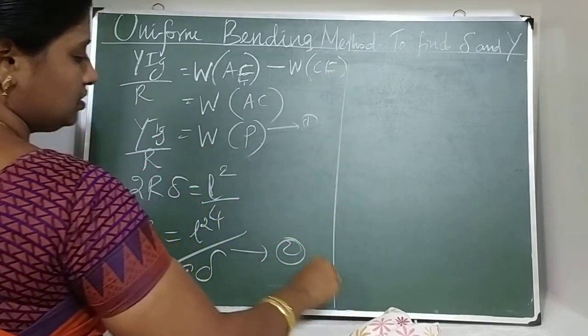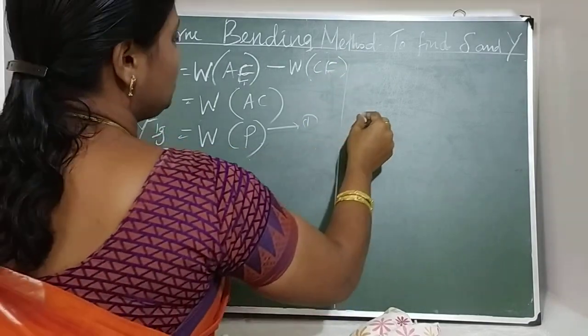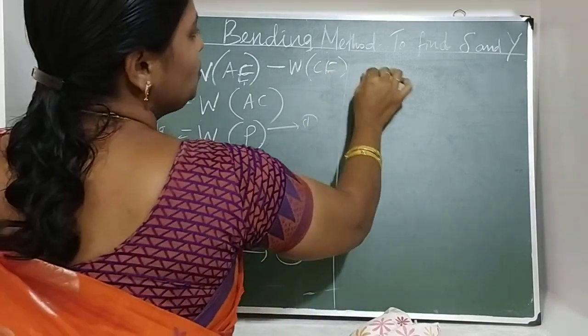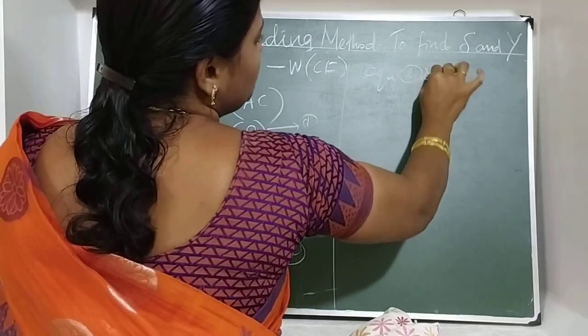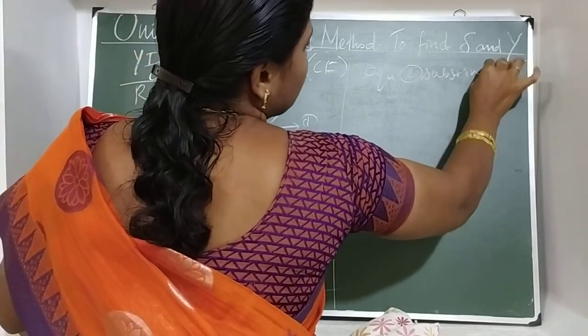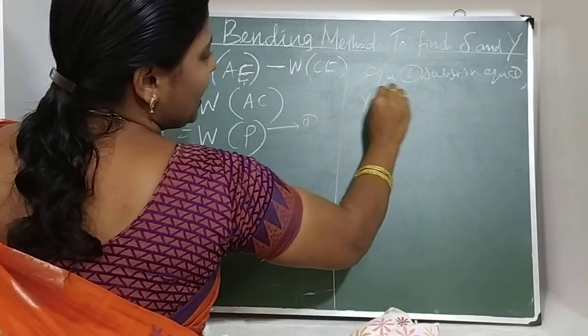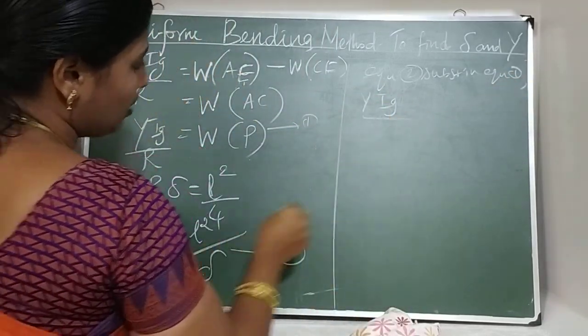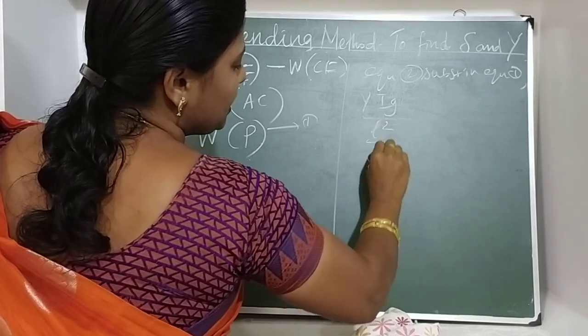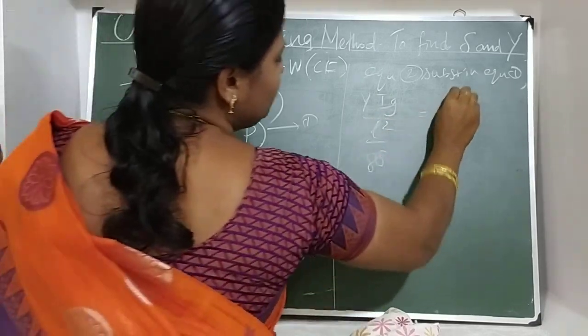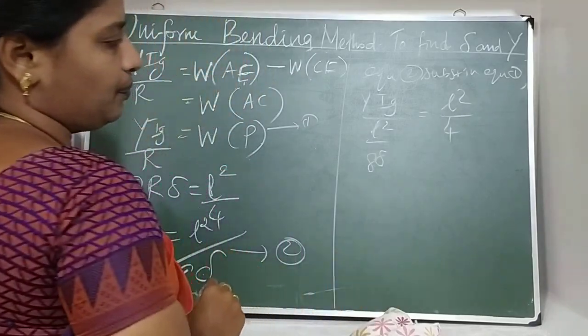And then next, now substitute equation 2 in equation 1. Y Ig divided by this R value, L square divided by 8 delta, that is equal to L square divided by 4.